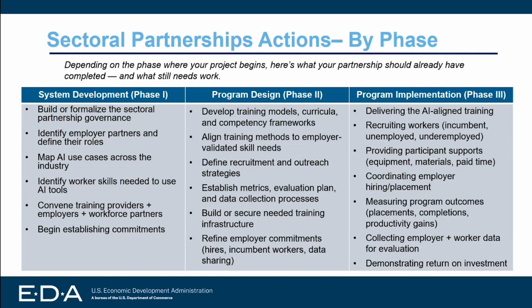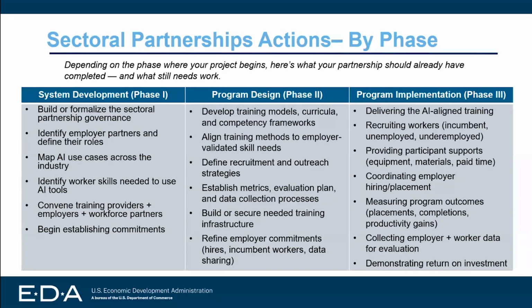And phase three, implementation, is where training is executed. This is where everything your sector partnership has come together to define and put in place is actually executed. And this is the required phase for any application. It includes participant recruitment, delivery of the AI-related training, providing supports that have been identified and needed to help participants successfully enter and complete the training programs, and the collection of data for evaluation.